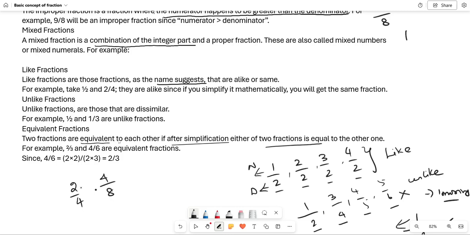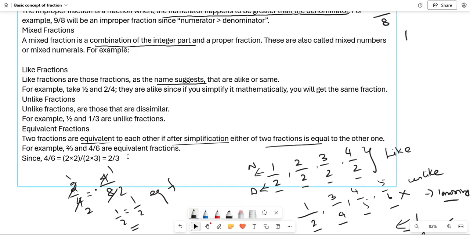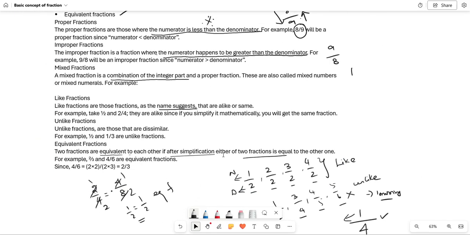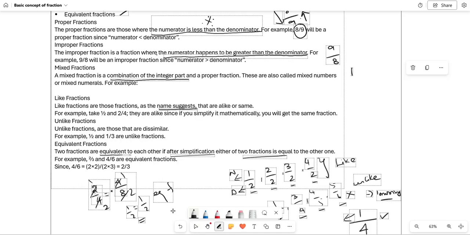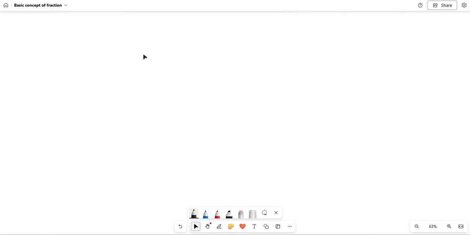We check: 1 times of 2, 2 times of 4, 1 fourths of 4, 2 fourths of 8. Different numbers, but if we cancel we get both equal. The left-hand side is 1 by 2 and the right-hand side is also 1 by 2. This type of fraction is called equivalent fractions.